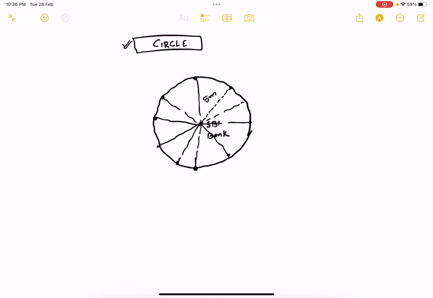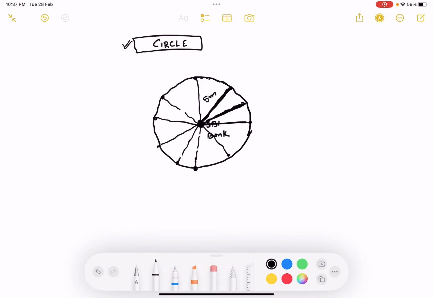So in mathematical language we can say that the circle is a collection of all the points in a plane which are at a constant distance from a fixed point.